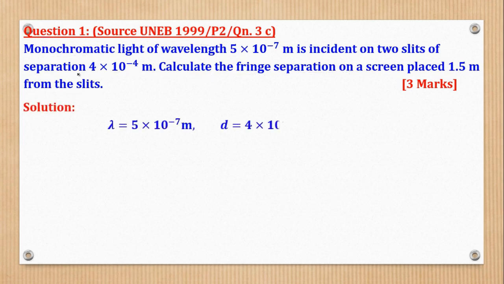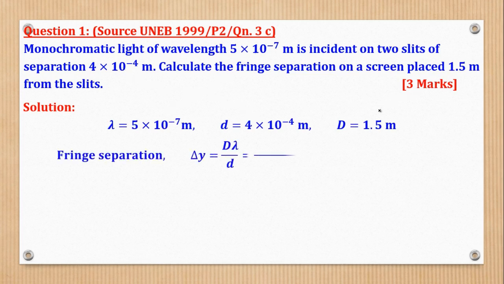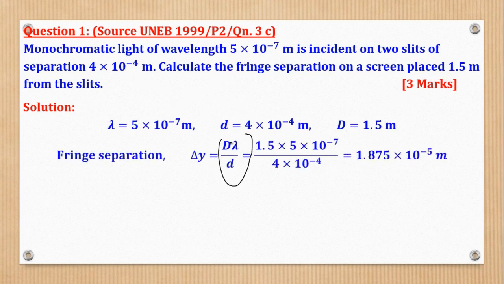So still first is to interpret. Wavelength is there, small d is there, and capital D is there. Then we shall come and say fringe separation is given by this formula, so substitute capital D, wavelength, and small d to come up with the separation they want.